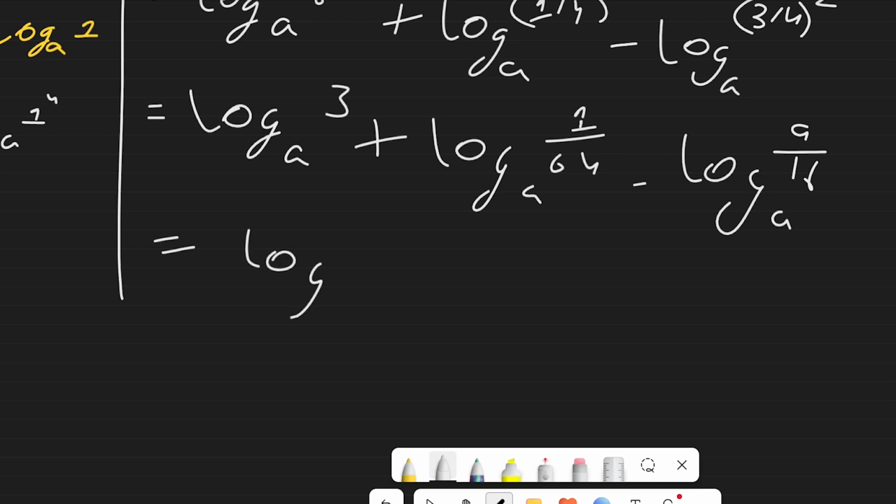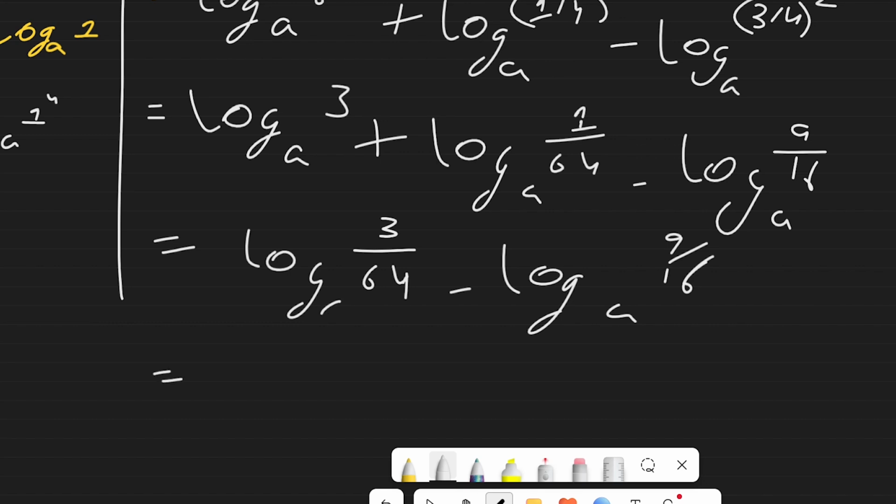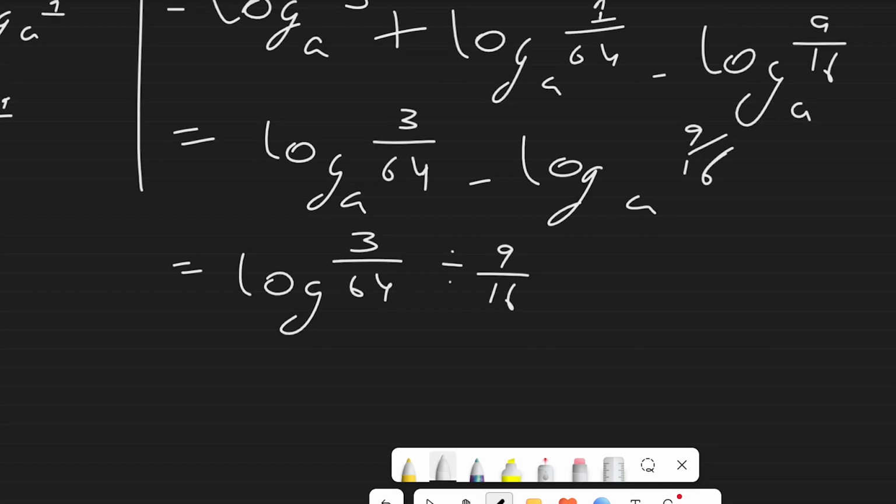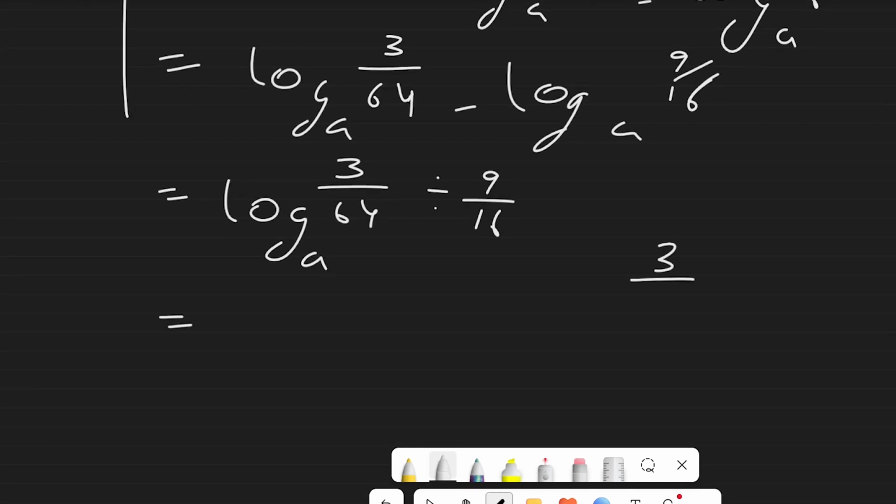So log of 3 over 64 minus log of 9 over 16 a is equal to log of, now we have a minus, so we will divide 3 over 64 divided by 9 over 16 to the base a. Okay, you can simplify it independently over here as in rough working.